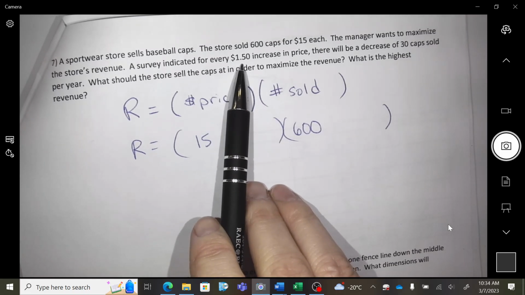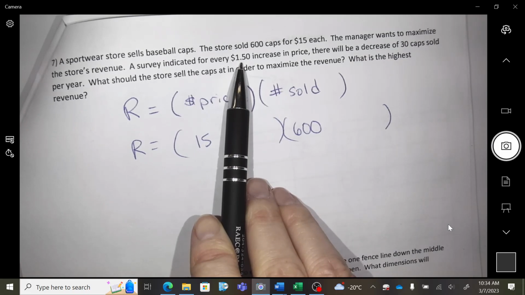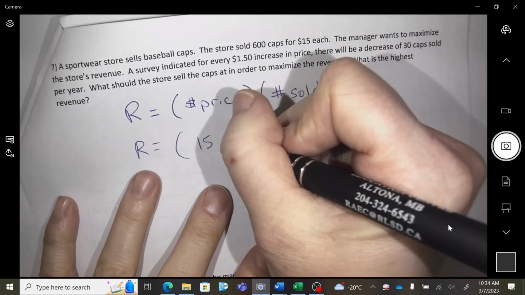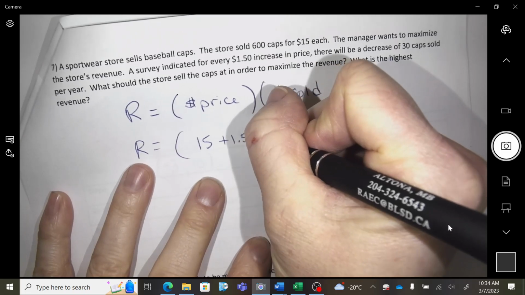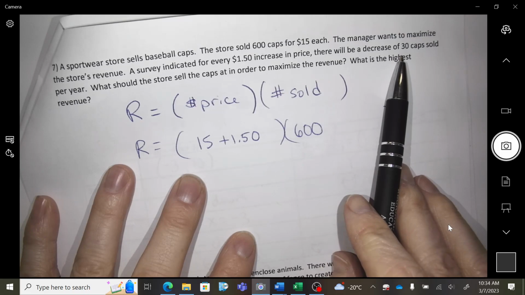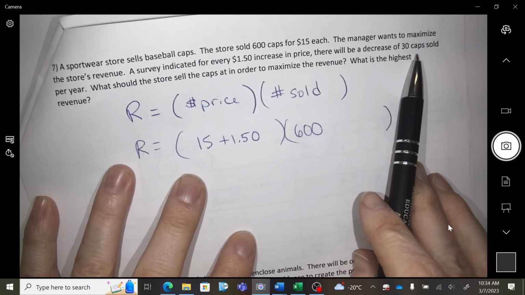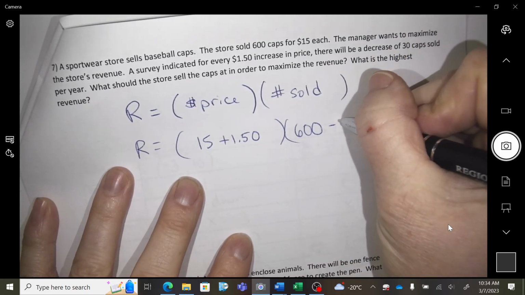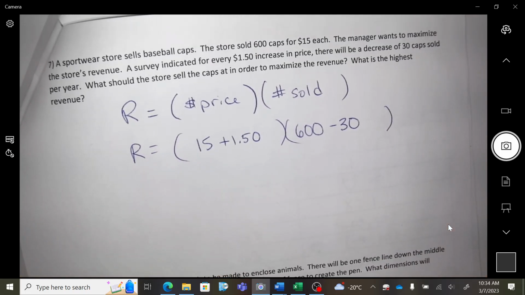When I read, it says that every time you increase the price by $1.50, then 30 fewer hats are sold. 30 decrease of sales.